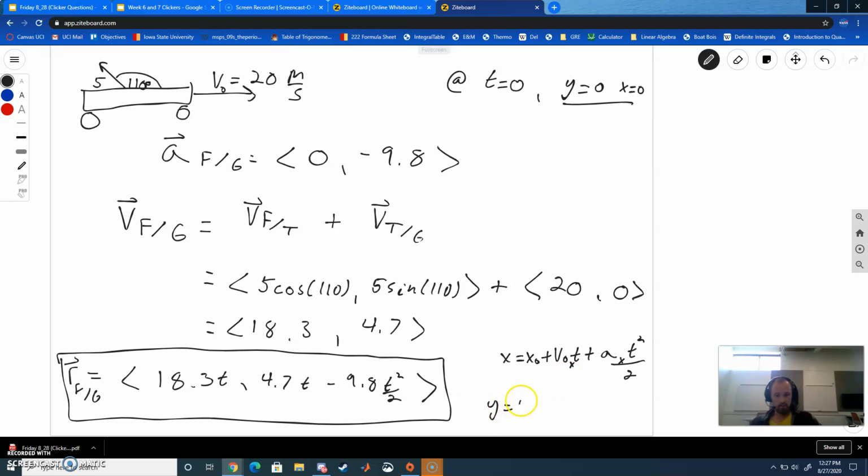And y equals y0 plus v naught in the y direction t plus a y t squared over 2. So that's really what this position vector is. It's just your kinematics equations, but in each respective direction. And if we were dealing in 3 dimensions, you'd have another one for z, and it would be pretty much what you expect. That's the answer.